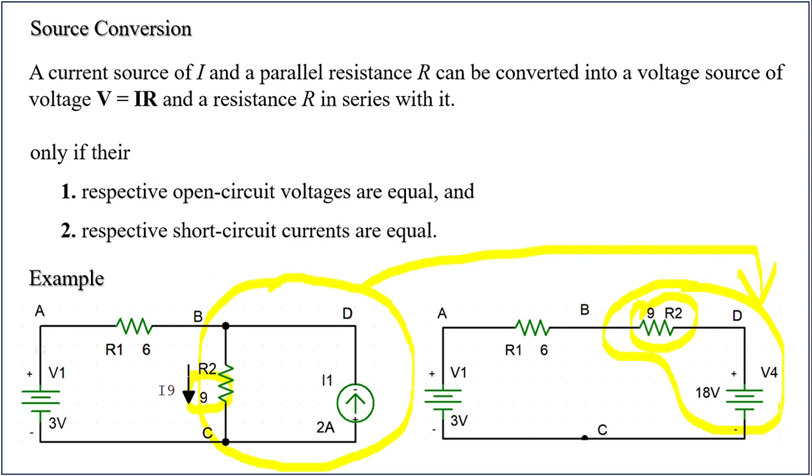That will come in series with the resistor as a voltage source. The value of that voltage source is V equal to I into R. I is 2 amperes, R is 9 ohms. V is equal to IR, 9 into 2, 18 volts. So this is how we can convert a voltage source into a current source and a current source into a voltage source. You can apply this source conversion in reducing the complexity to arrive at the network parameters very easily.